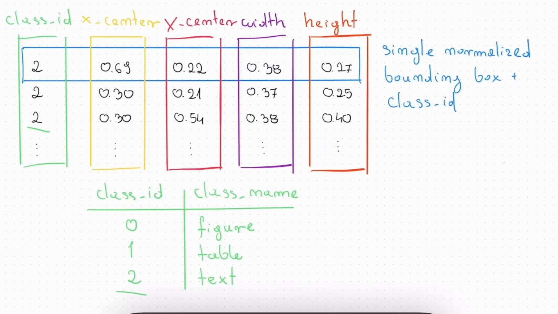Now, the important thing is that those numbers are normalized. So x center, y center, width, and height of those bounding boxes, which were initially expressed in pixels, got divided by the respective dimensions of the image, so that in the end the values are between 0 and 1.